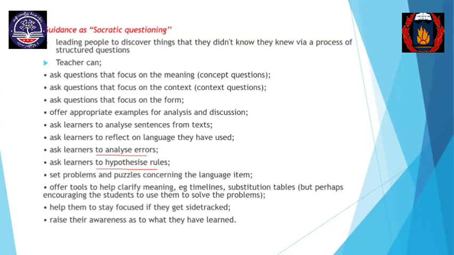Analyze errors. I think, yes, teacher, it's asking the students to find, for example, in a poem, the grammatical mistakes. So they need to find their errors, and you need to ask what they think about their errors and why they got them wrong and things like that.